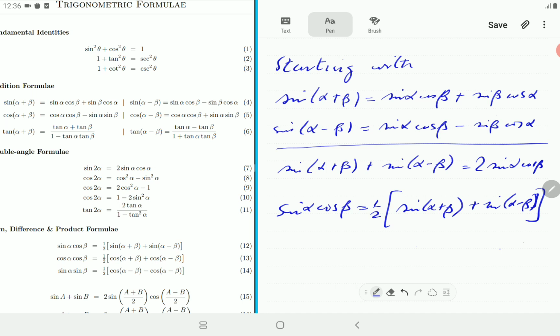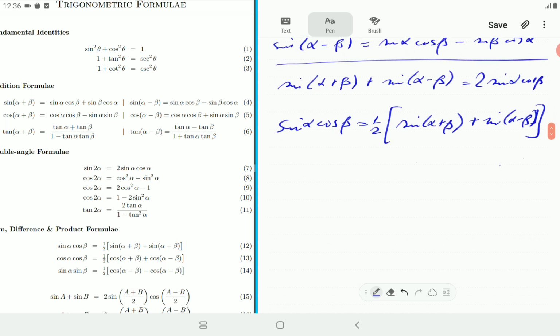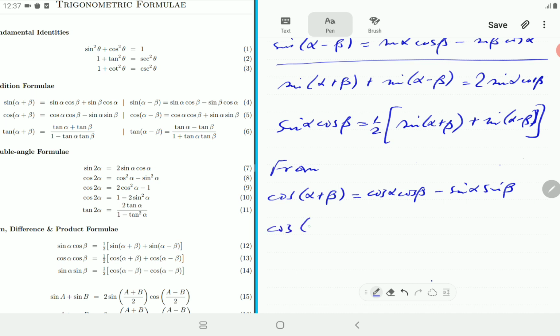Now if we do the same thing with the cosine formulas, so we know that cosine(alpha plus beta) is cosine alpha cosine beta minus sine alpha sine beta. If this is alpha minus beta, then again there is going to be a change of sign here.